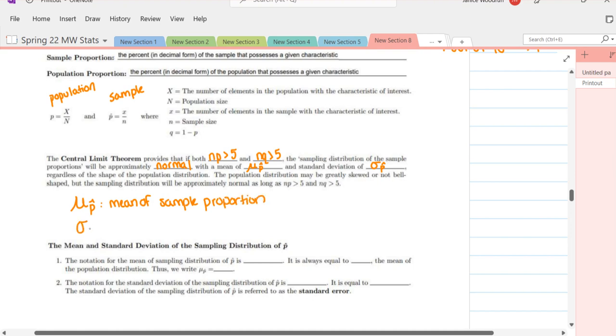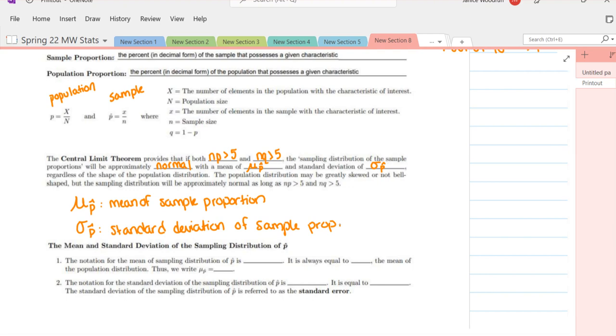And then sigma p hat, standard deviation, okay, of sample proportion. Okay, now we'll assume it's normal regardless of the shape of the distribution. It may be greatly skewed or not bell-shaped, but as long as np and nq are greater than 5, we are going to force it to the normal curve.